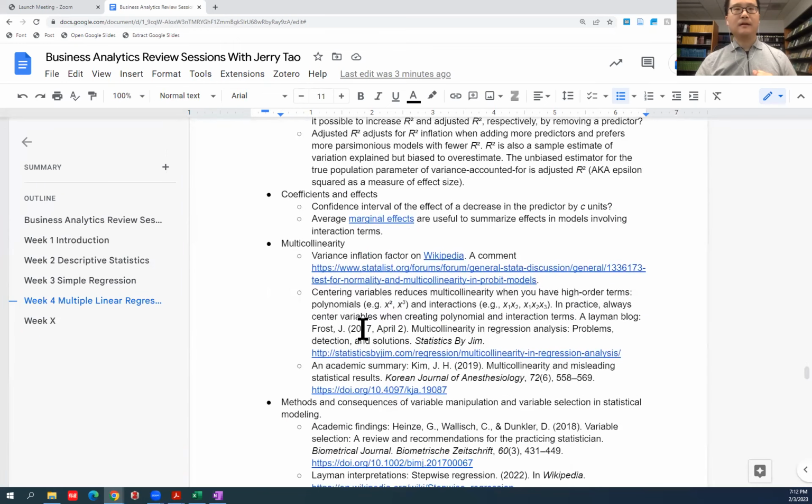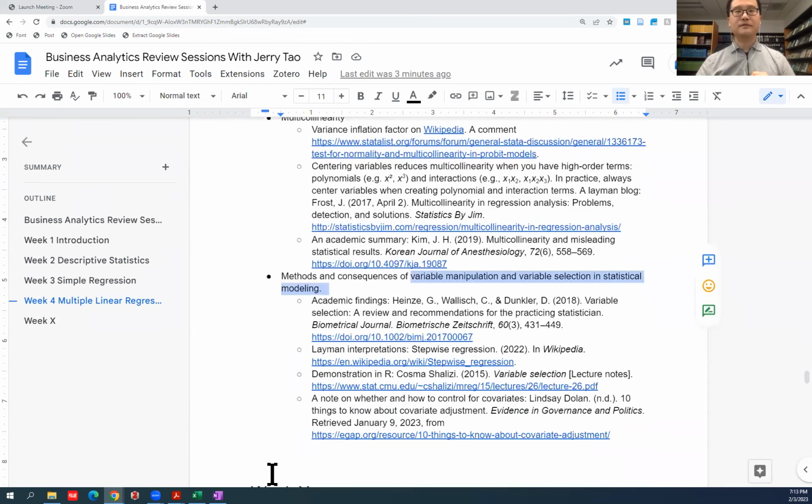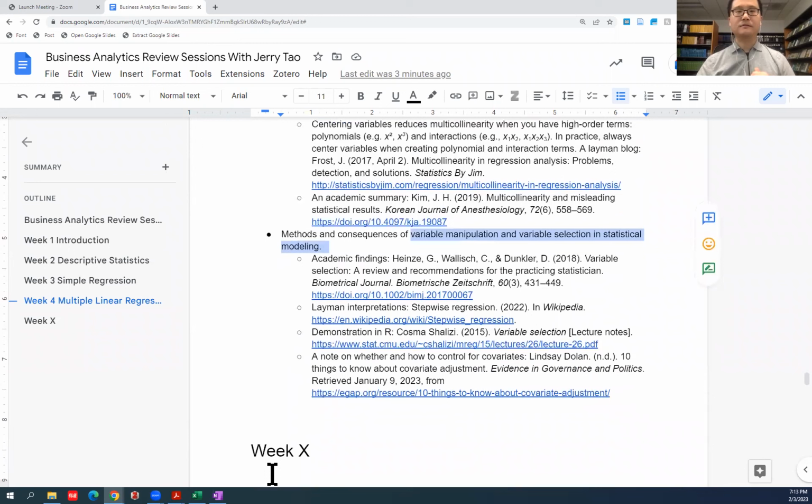And there are also problems regarding multicollinearity and also variable selection and variable manipulation. I encourage you to check out these additional resources, but they are not really required for the homework questions. All right.